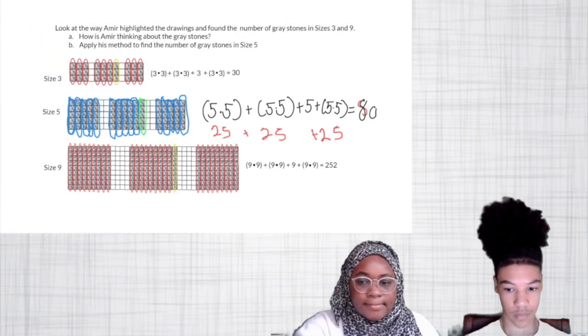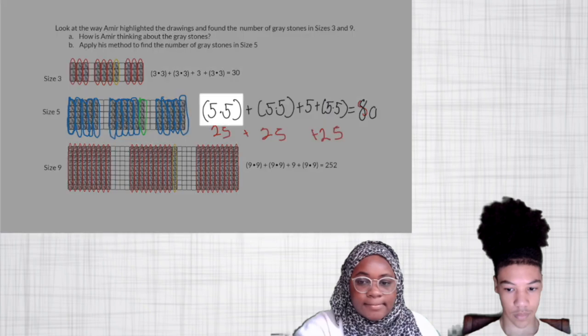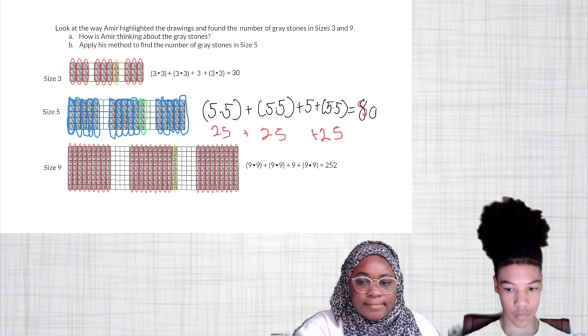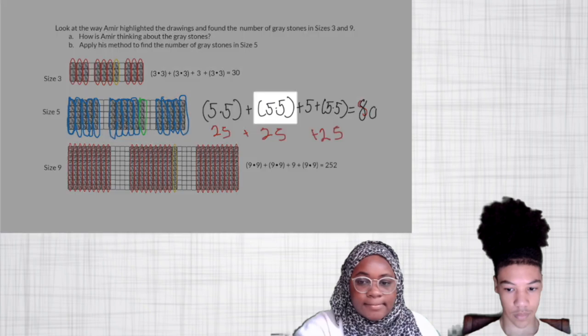Phew! That was a long method. Halima and ET were able to apply Amir's reasoning to a cobblestone of size 5. They saw 5 times 5 as representing the 5 groups of 5 stones where the groups were the columns. This gave them 25 cobblestones in the first section. They said the second 5 times 5 represented the 25 stones in the third section.